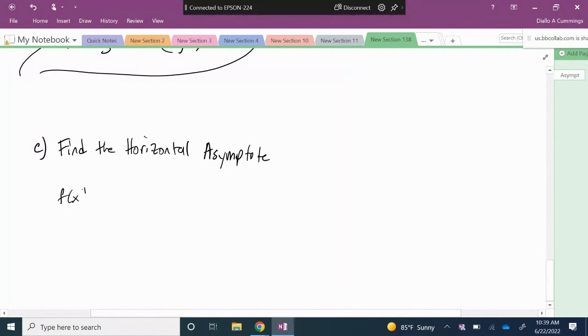So I'm just going to rewrite the function f of x is equal to 3x minus 4 divided by x plus 5.